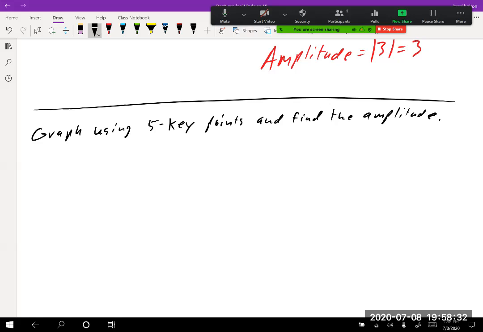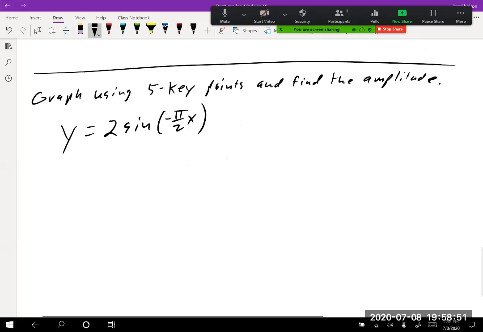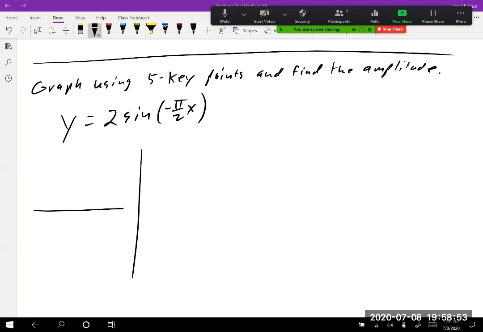So the problem they're going to give us is y equals, now this will take it back to sine for this one, 2 sine of pi over 2 x, right? And then we're going to get our little graph set up. So hopefully you guys are getting the idea. Go ahead and pause the video and see if you can do all the setup like I'm going to do.